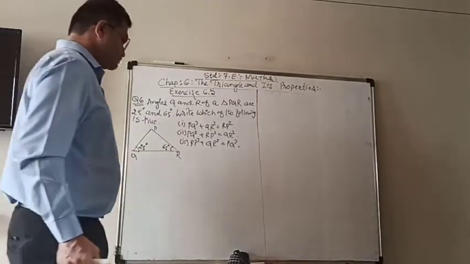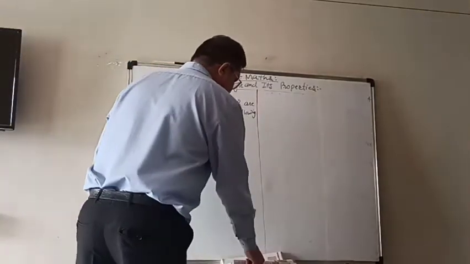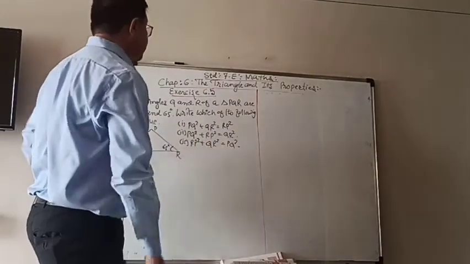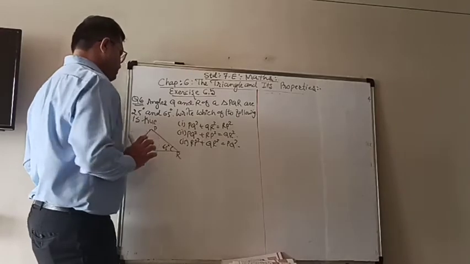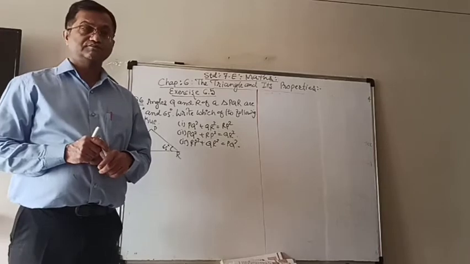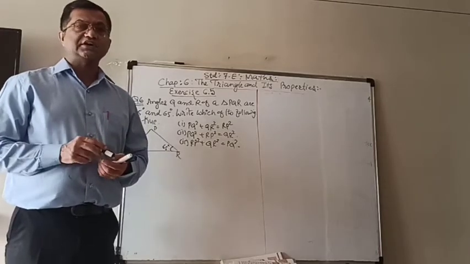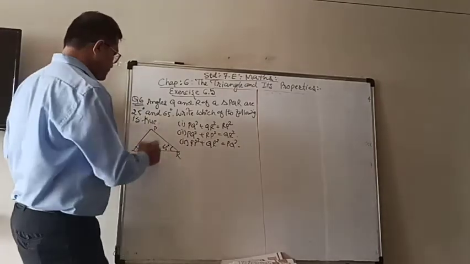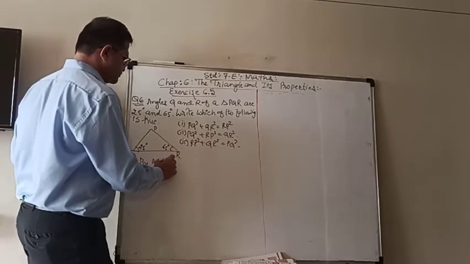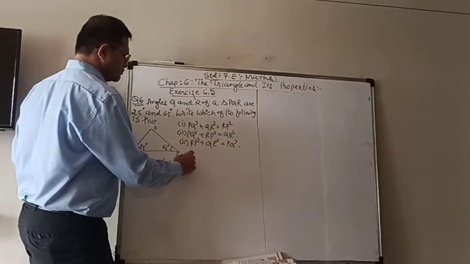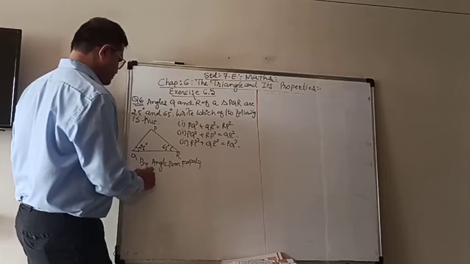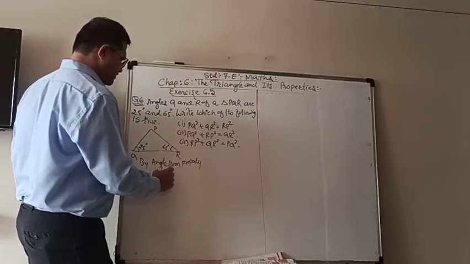We know that square of the hypotenuse is equal to sum of the square of its legs. It means that we have to check the angle P. Obviously it will be 90 degree. So here, by angle sum property, we know that angle P plus Q plus R is equal to 180.